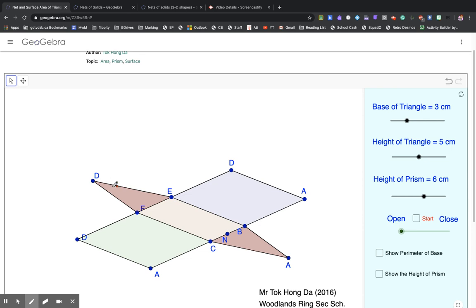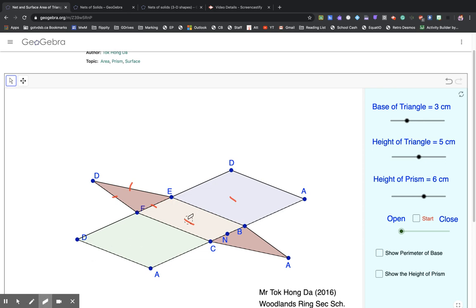If your triangle is isosceles, if this side is equal to this side, then this rectangle is going to be equal to this one. If your triangle is equilateral, if this were the same size too, which it doesn't quite look like it could be, then this would be equal as well, and all 3 rectangles would be the same size.